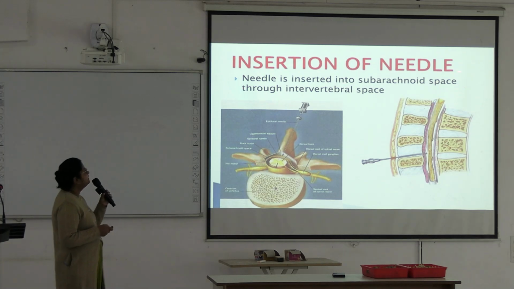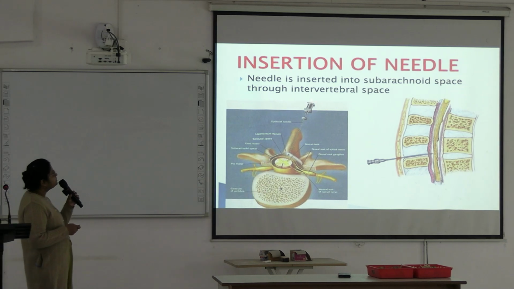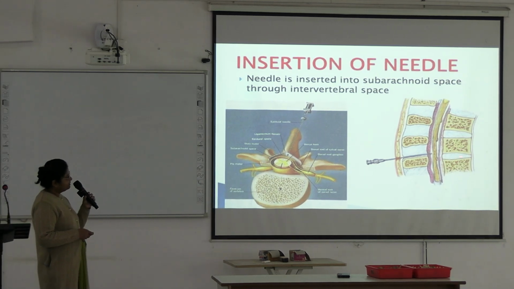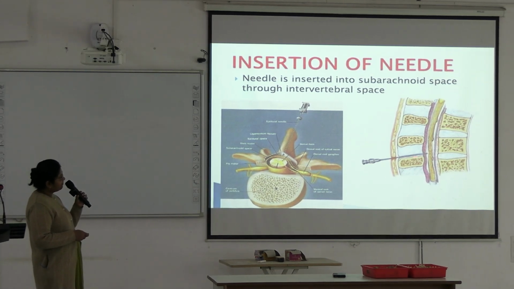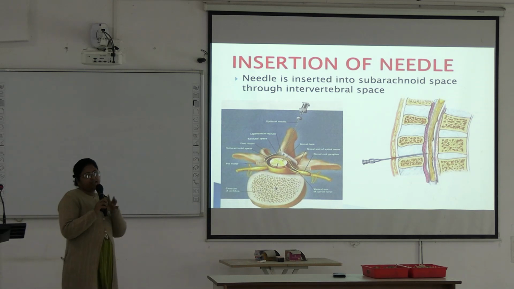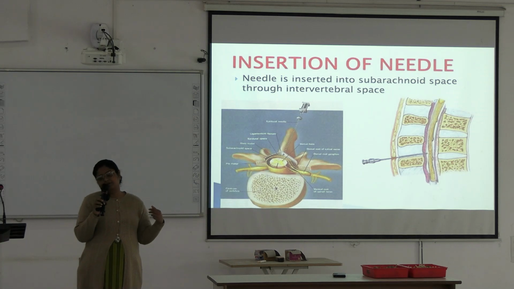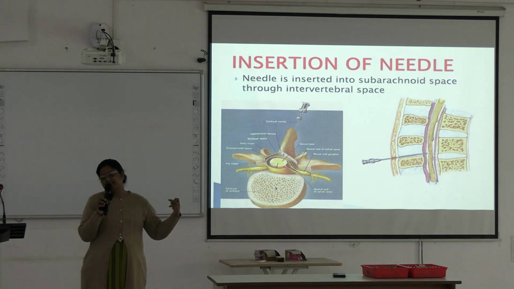Insertion of needle. Needle is inserted into subarachnoid space through the intervertebral space. See here, the needle has been pushed into the subarachnoid space through the intervertebral space. Okay, and it is done at the L4 L5 level or L3 L4, because spinal cord is extending up to the L1 vertebral level.